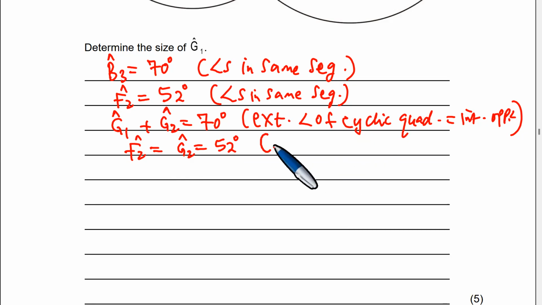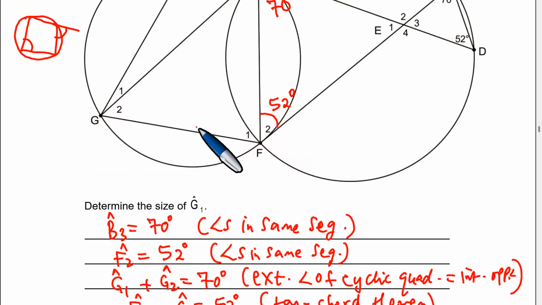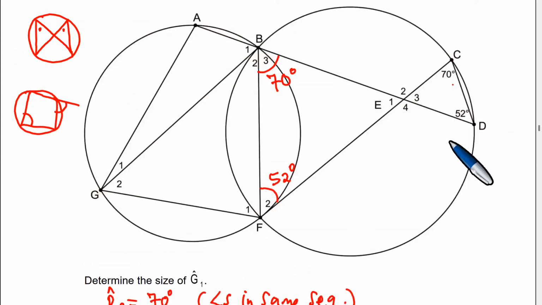Right, because of the tan chord theorem. Okay, now we have this. So F2 equals exactly the angle G2 because of the tangent and the chord.